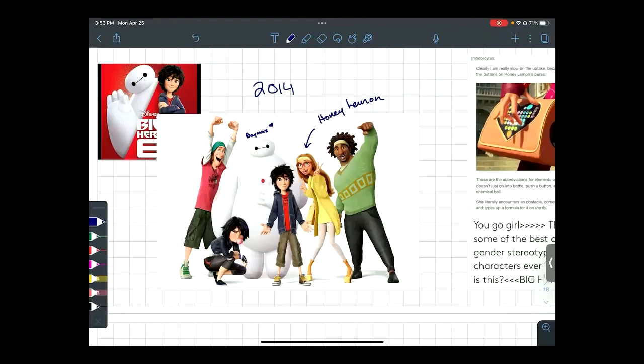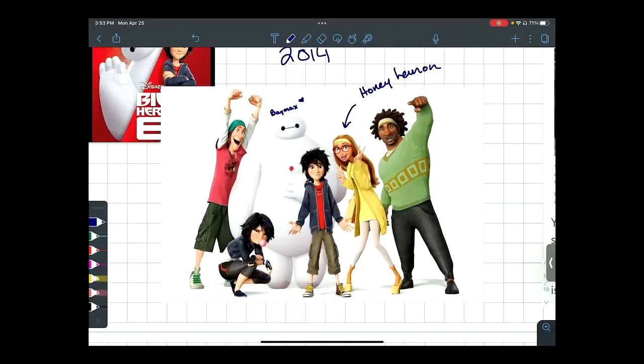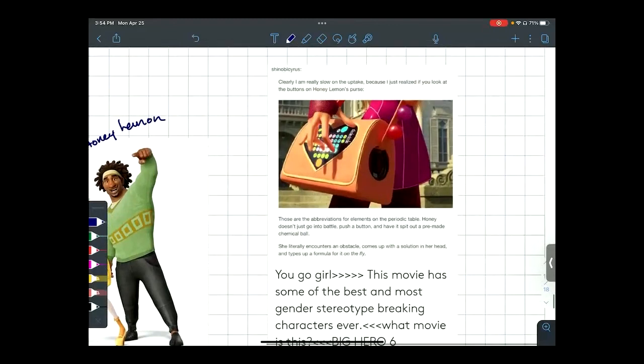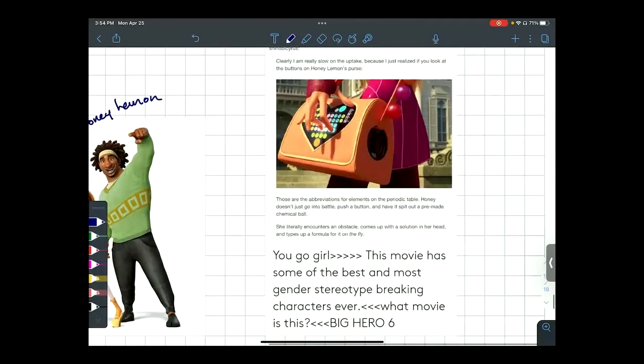In Big Hero 6, the whole super team, Honey Lemon was a chemist, and her special power was being able to come up with special chemical weapons on the spot. I found this meme about how awesome she is. Look at her purse, it has a periodic table on it. She's not just throwing pre-made balls at the opponent, she's making them on the spot.